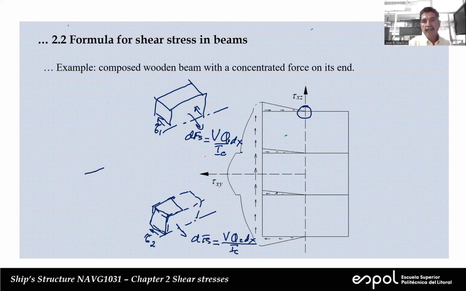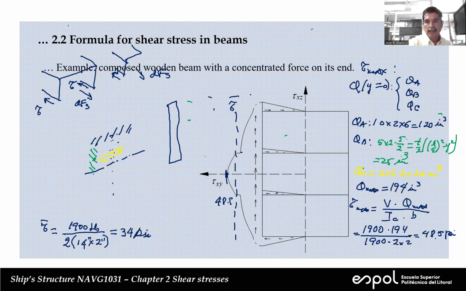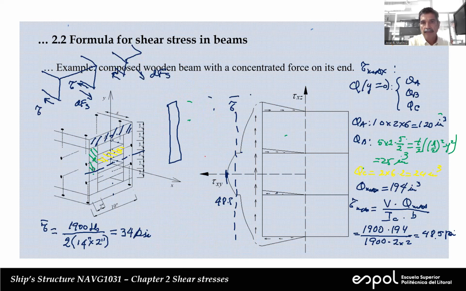I don't know if I answered the question that some of you were asking. Somebody was asking me about this number 2 here. We need to consider both sides. That's why we include this 2 here, and that's why here we multiply this by 2. And in here, we consider the whole deck.